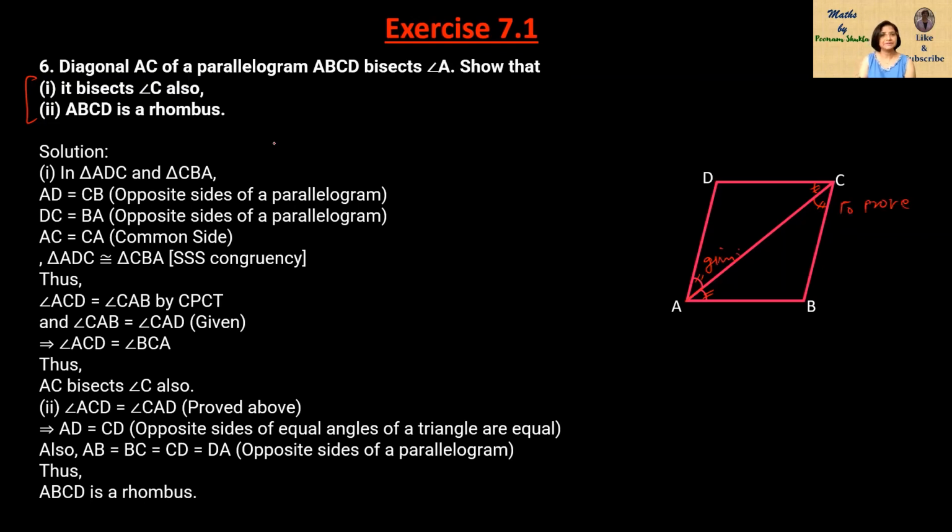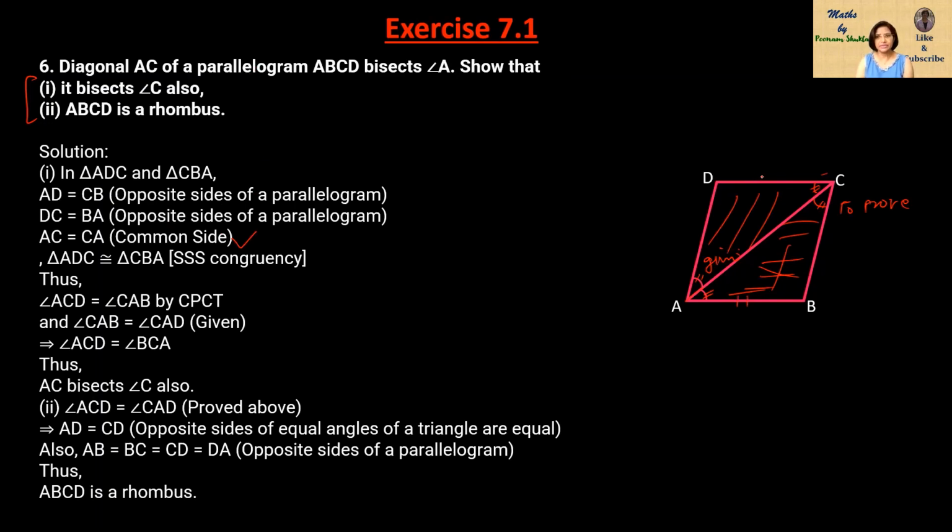First part: in triangle ADC and triangle CBA, in these two triangles, AC equals CA, this is the common side. DC equals BA because it's a parallelogram, opposite sides are equal. And AD equals CB, opposite sides are equal.